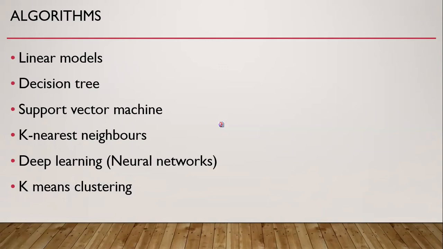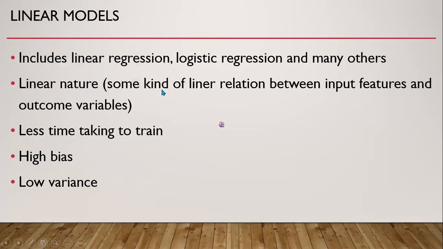So machine learning algorithms may be linear models, decision tree, support vector machine, k-nearest neighbor classifier and regressor, deep learning, also known as neural networks, and k-means clustering. K-means clustering is a type of unsupervised machine learning situation, and the initial ones are supervised machine learning situations.